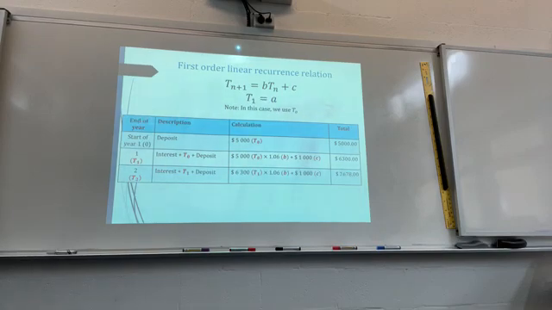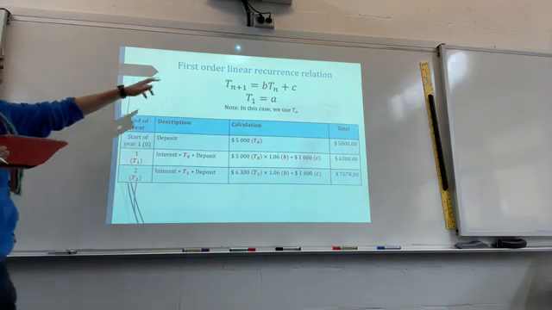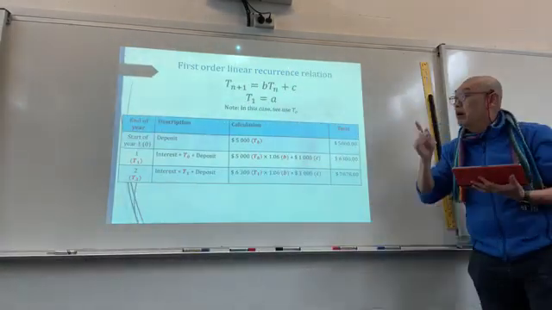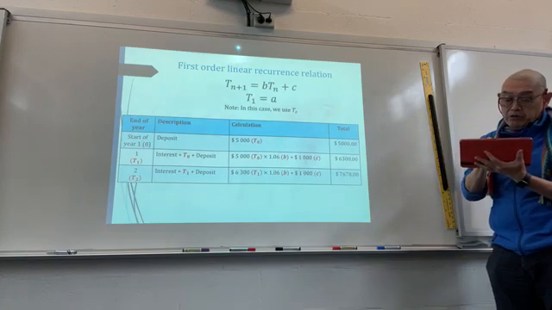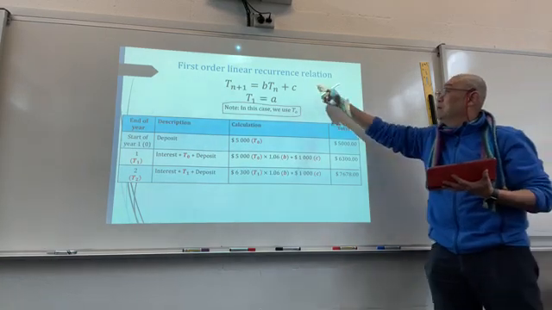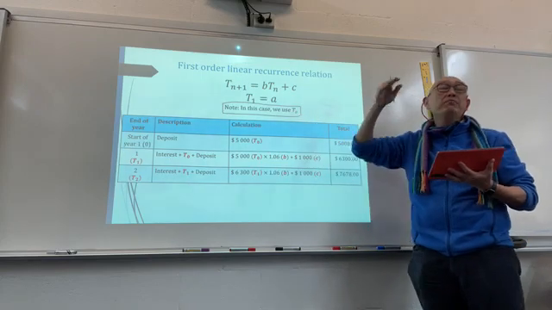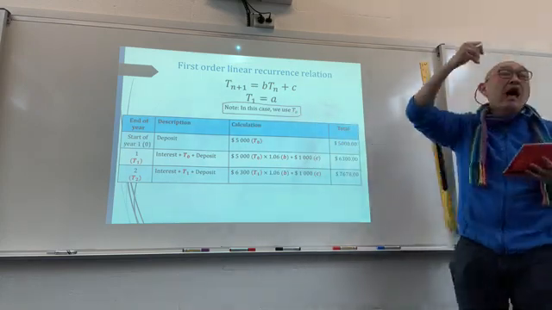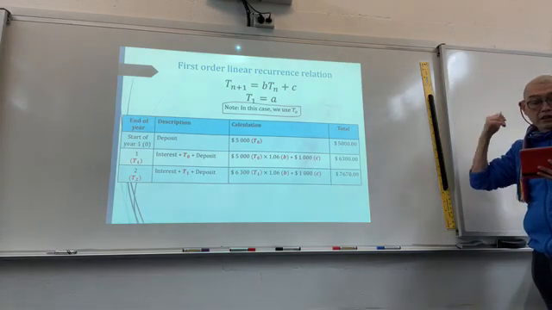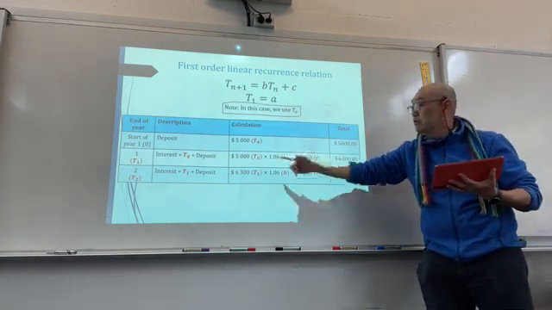Recall the first order linear recurrence relation: Tn plus 1 equals b times Tn plus c, and T1 equals a. Now, I want you to know, in this case we use T0. We have to use T0 because we've got an initial deposit. After the first year, it becomes T1 and so on and so forth. Just remember T0.